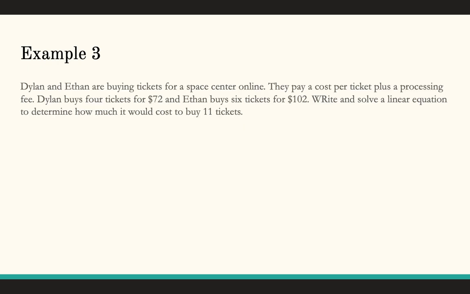In this question, example 3, Dylan and Ethan are buying tickets for a Space Center online. They pay a cost per ticket plus a processing fee.